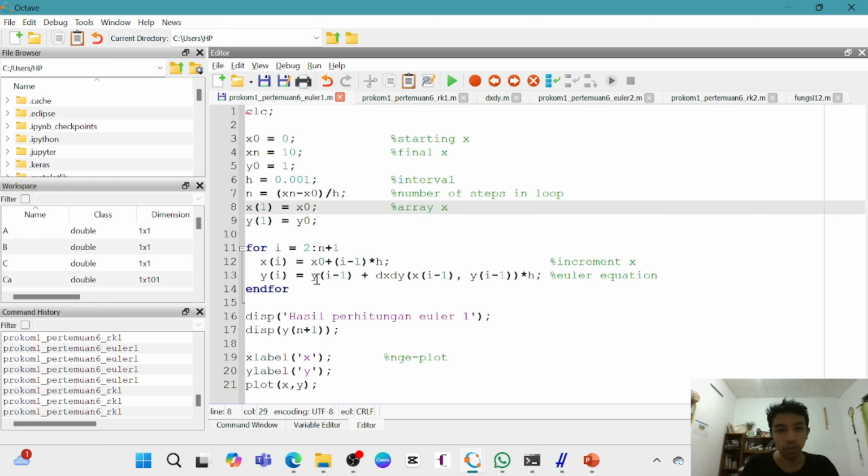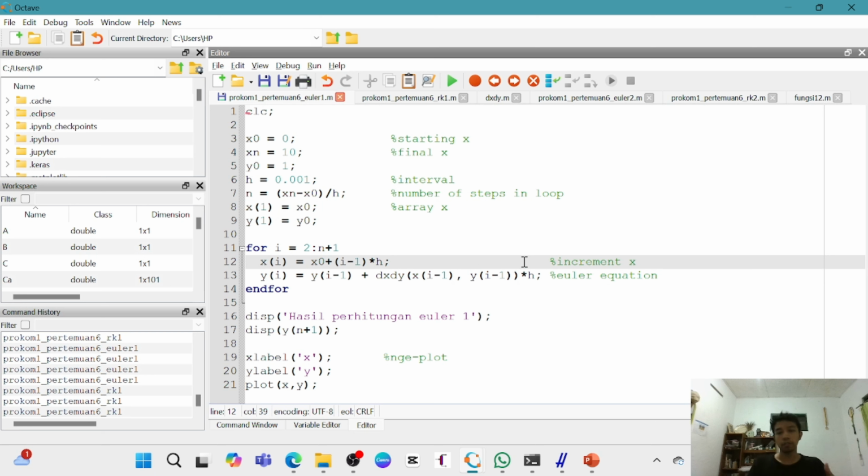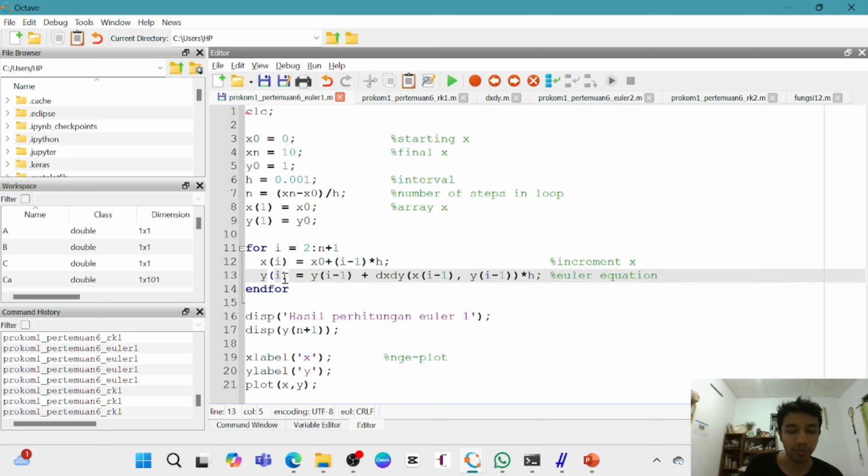Then in the for loop, this is the n. Then this is the increment of x. As always, x has a new value, and this is y i.